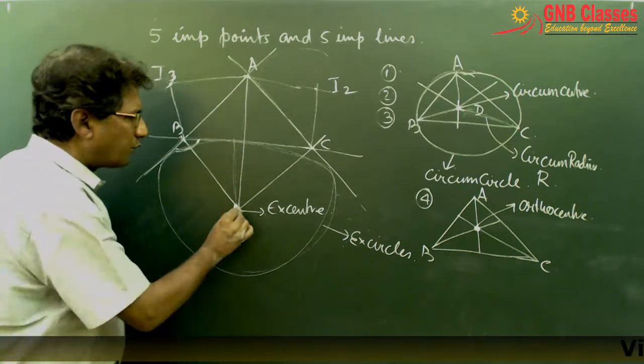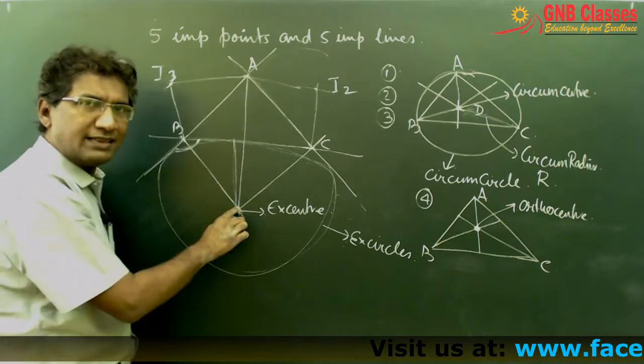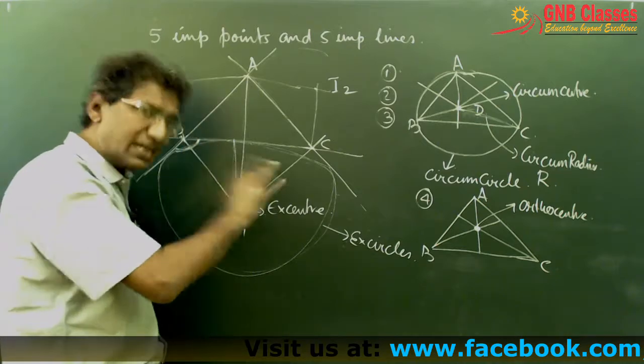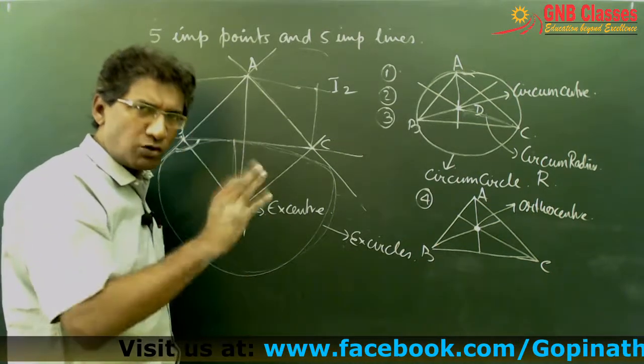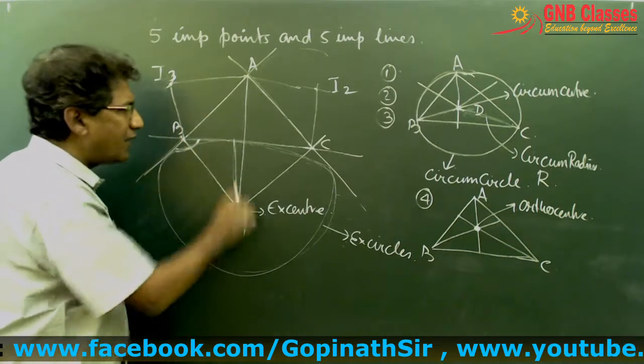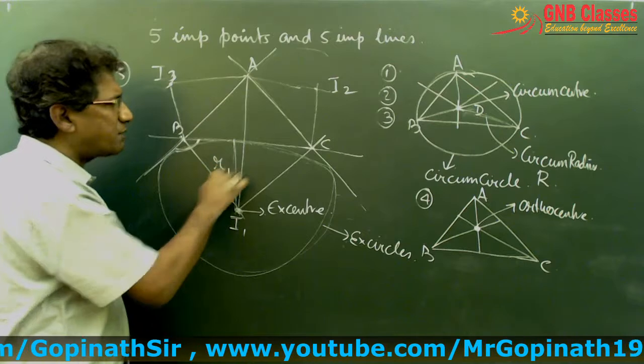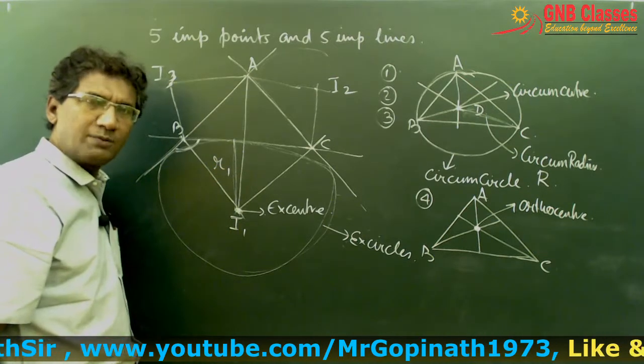Okay? Now the radius of the excircle opposite to angle A, this is a general notation we have to remember in this way. We cannot change it. The radius of the excircle opposite to angle A is generally denoted by small r suffix 1.